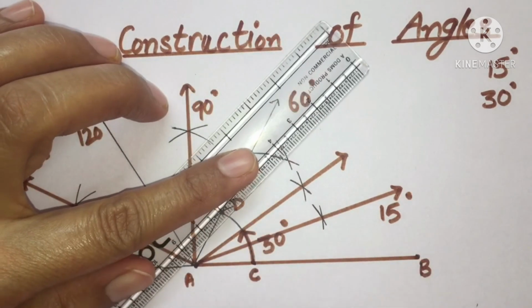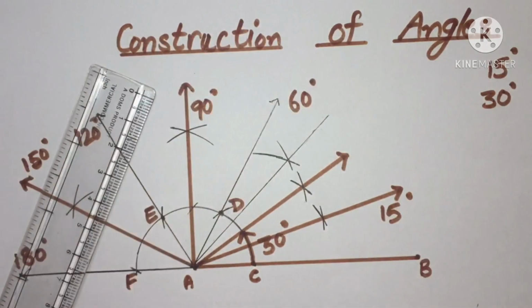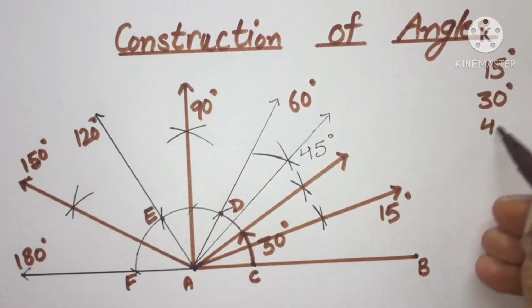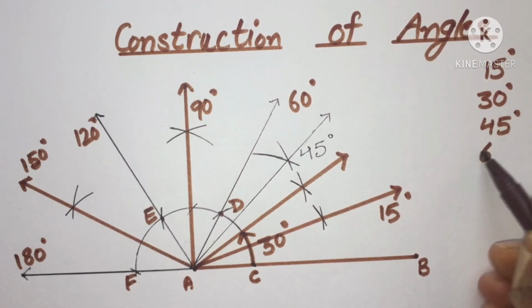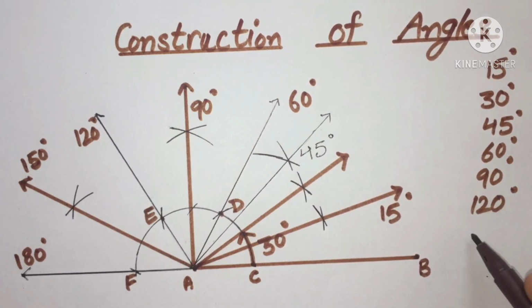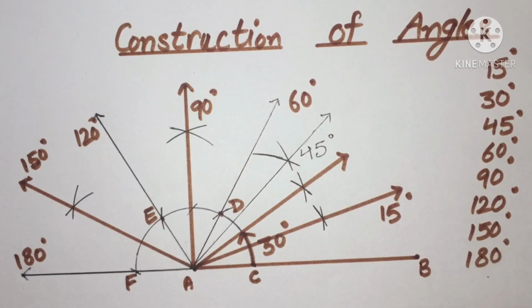Then we will join this line again, then it will become 45 degrees. So with the help of this method we can draw different types of angles: 15, 30 degrees, 45, 60, 90, 120, 150, 180 degrees, and many more angles.